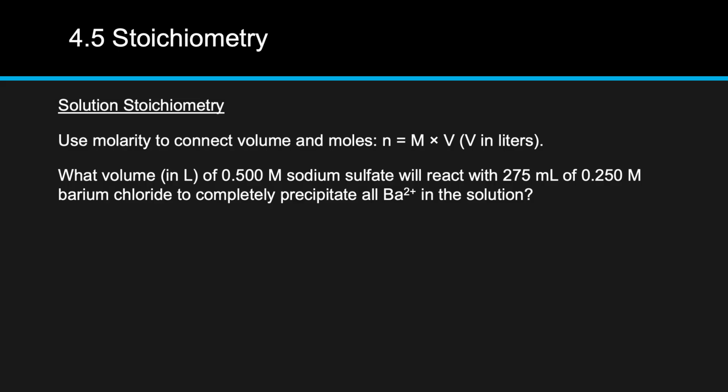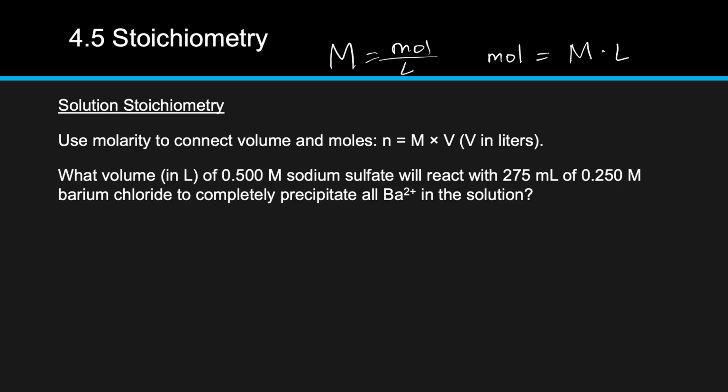All right, and then finally, let's do a little solution stoichiometry problem. Whenever you have to do solution stoichiometry, most likely you are using molarity. Remember, molarity is moles over liters. So if you're trying to find moles, you are going to do moles equals concentration times volume in liters.